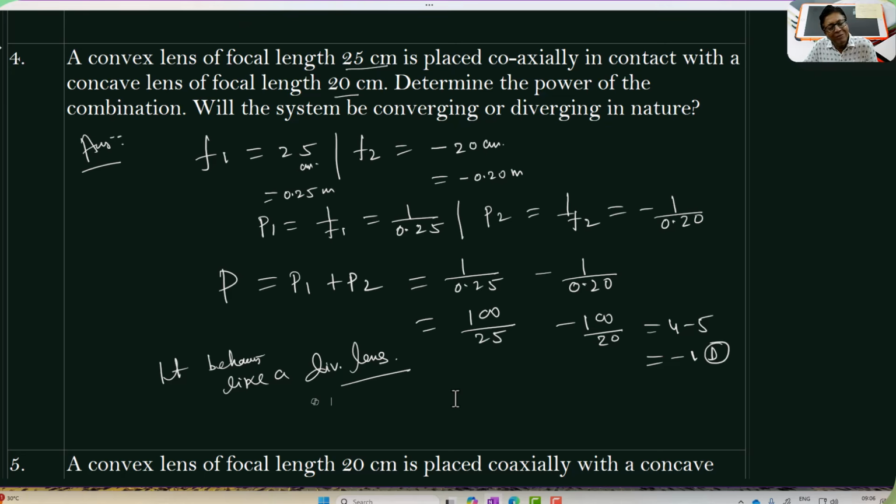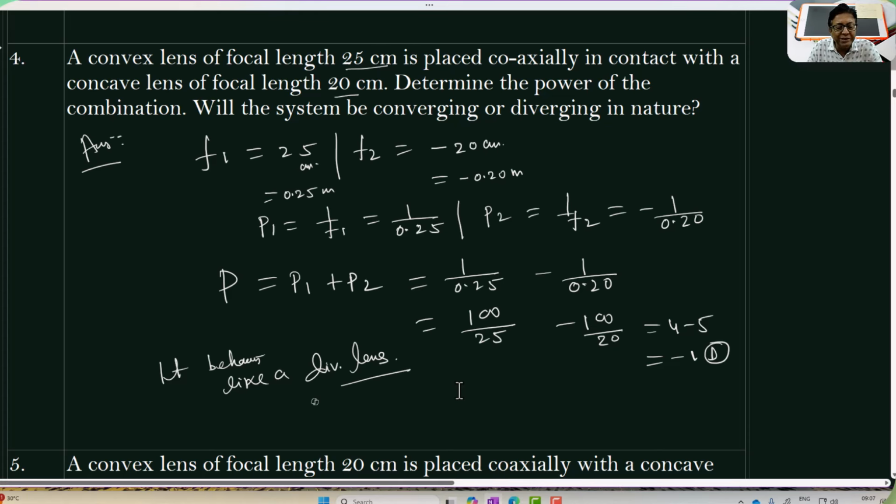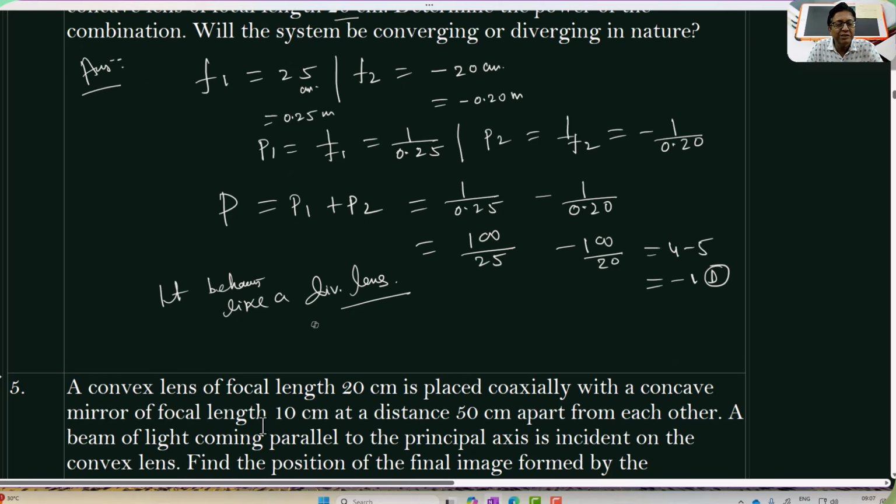In case of a convex mirror, focal length is positive along the direction of light. In case of concave, it will be negative. And we will be using the mirror formula over there. That is 1 by v plus 1 by u equal to 1 by f. Let's see what kind of problem arises here.